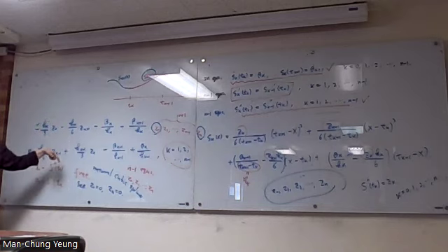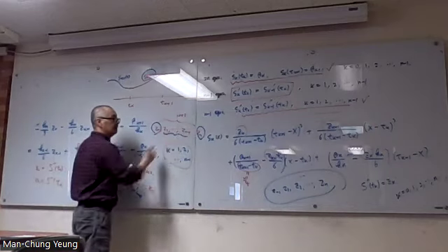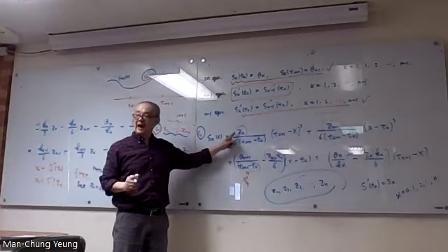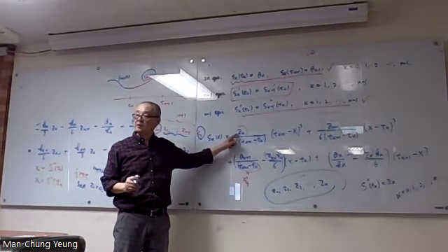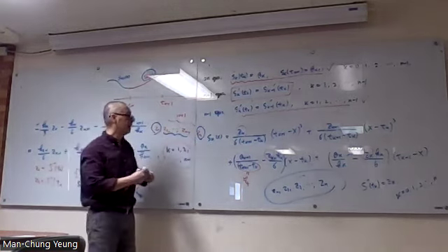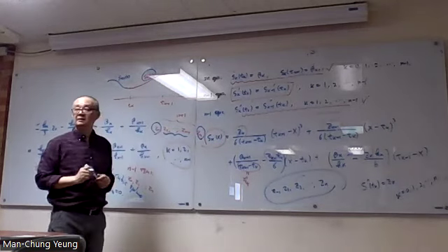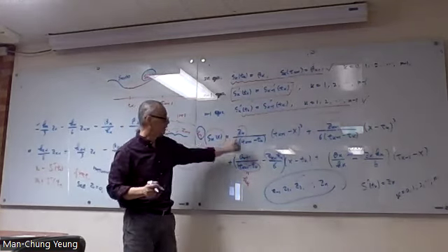Solve these linear equations for this. Then after we have the unknowns C1 to Cn minus 1, I plug in the values for the unknowns.